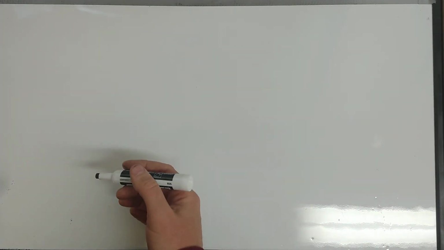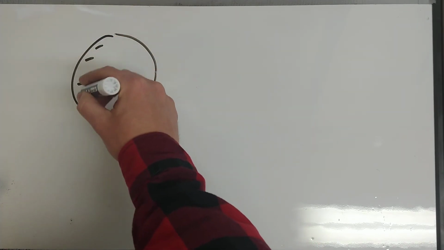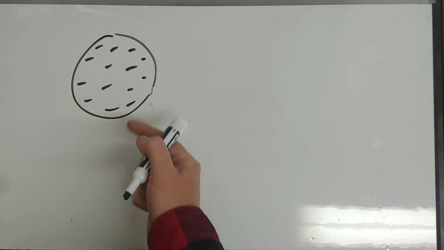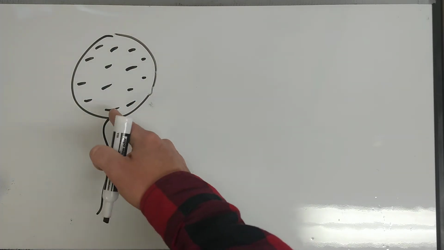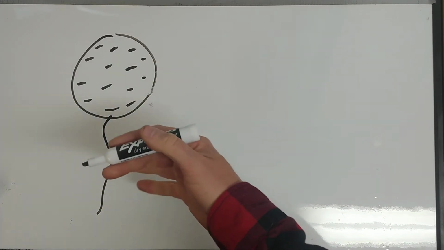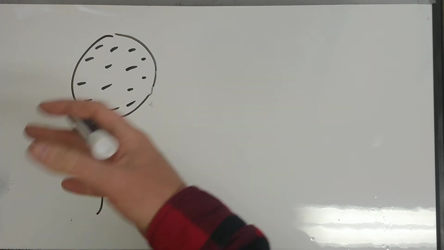So let's look at that balloon one first. You charge up the balloon and it gets all these little negative signs on it. Each of those negative signs represents excess negative charge. Only electrons can transfer from one object to another.